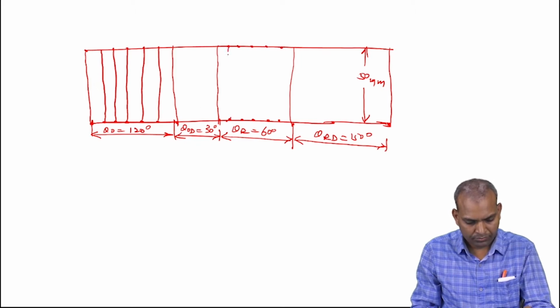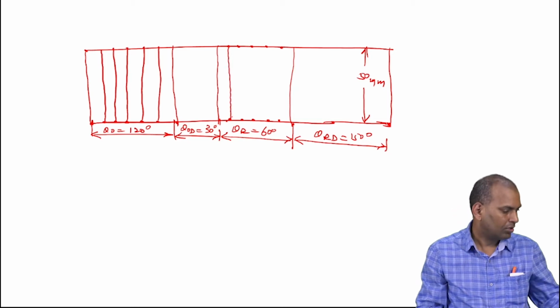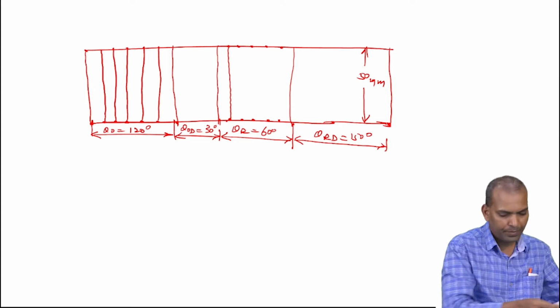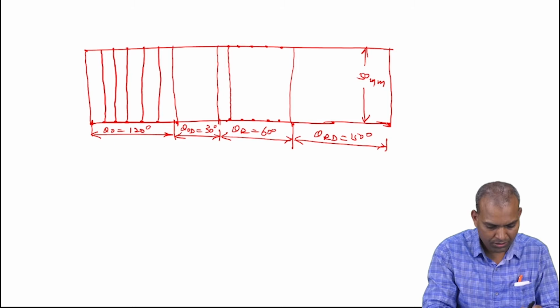So join all the parts into equal parts. Okay. Then what will happen? Join the equal number of parts here.